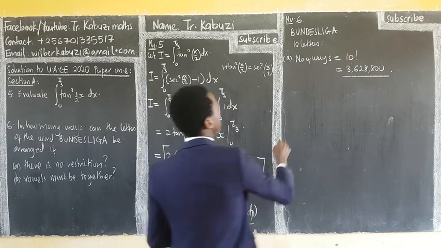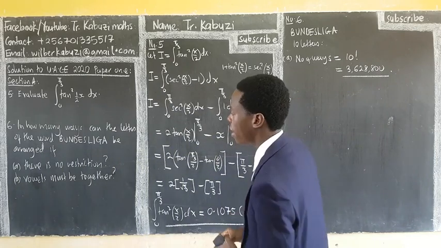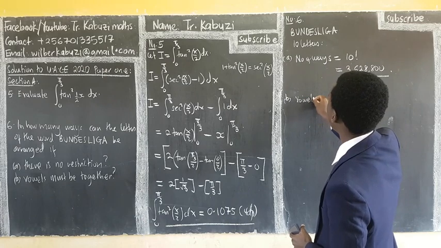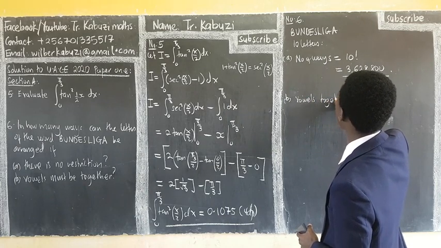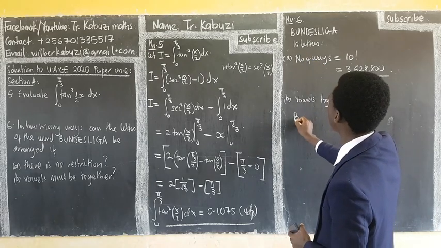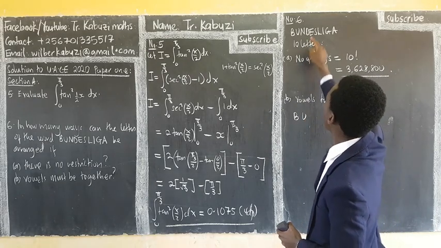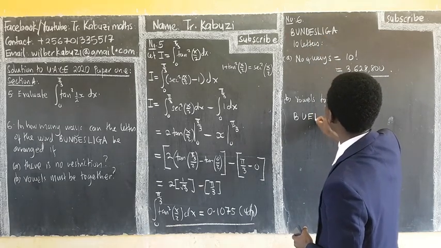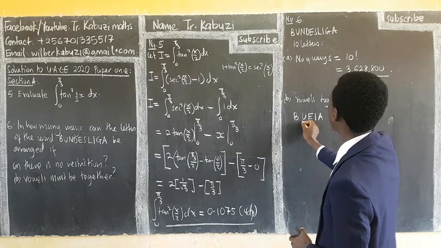that. Then part B, when vowels are together. So now, if I put all vowels together, I'm going to be having U, then I come with E, then I come with I, then I come with A. So these are the vowels we have.